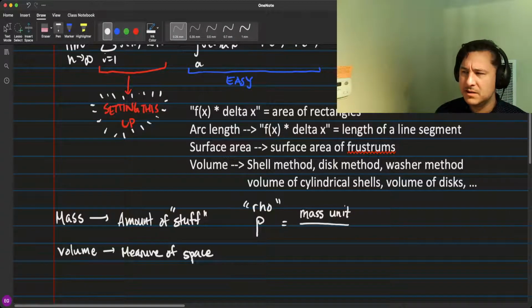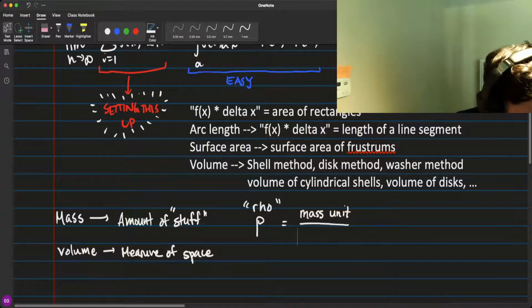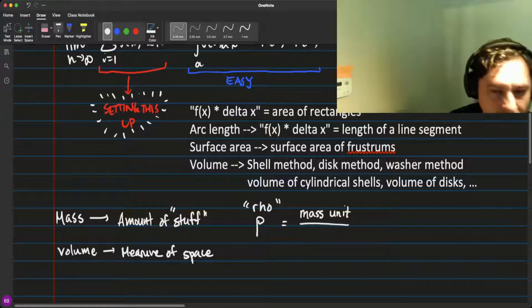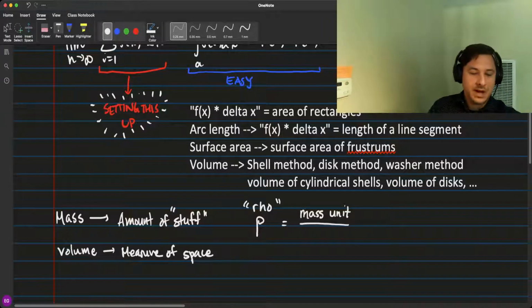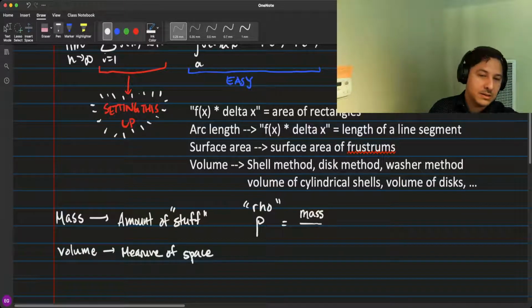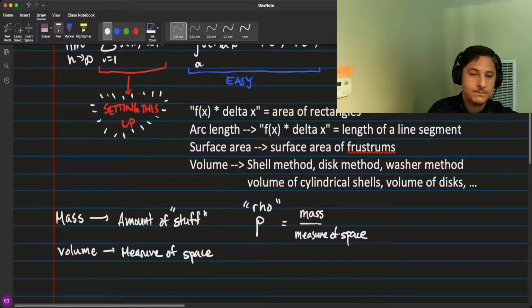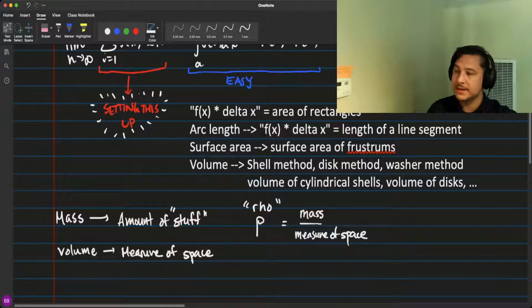Not volume over mass. Let me look that up. Yeah. So it's mass per, there are several different ways you can do this, mass per some sort of measure of space. Okay, so we're going to talk about that.